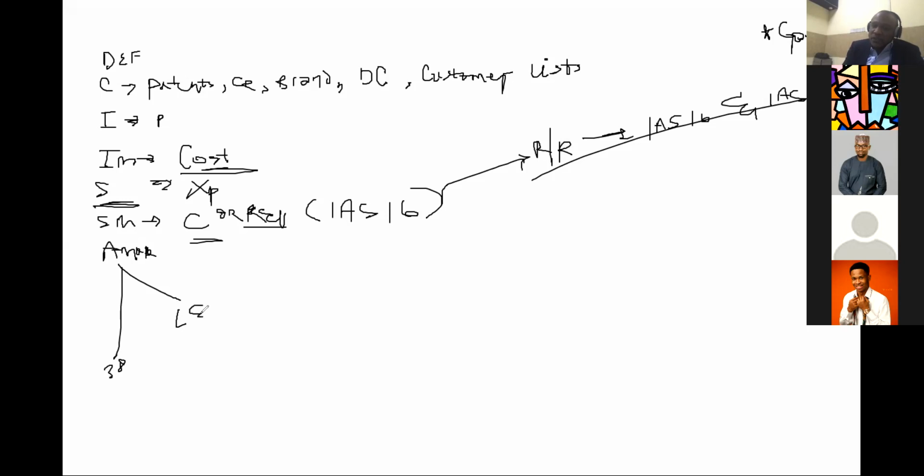Things like leases, even if it has a physical asset, we'll talk about amortization rather than depreciation. Amortization is actually exactly the same thing as depreciation for an intangible asset: the systematic allocation of the cost of an intangible over its economic useful life. Amortization is carried out for all intangibles except intangibles with indefinite useful life.